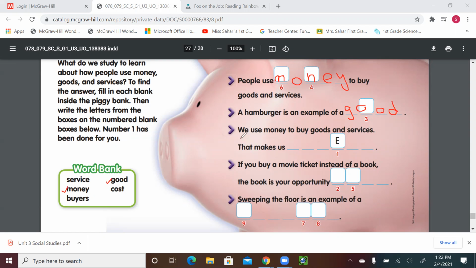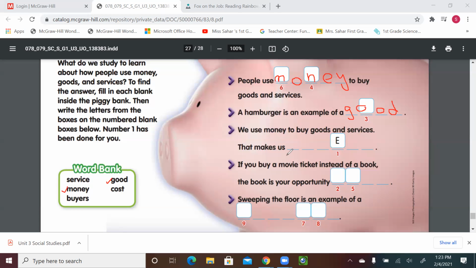All right. Number 3. We use money to buy goods and service that makes us. We use the money, you have the money, and you go buy goods and service that make you service, buyers, or cost. We use the money. We are buyers. Very good.